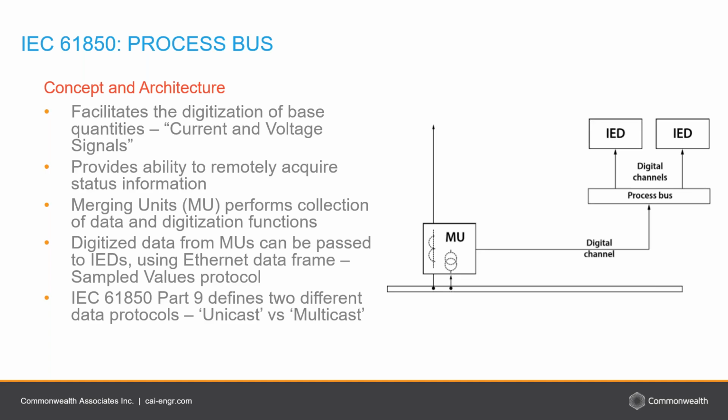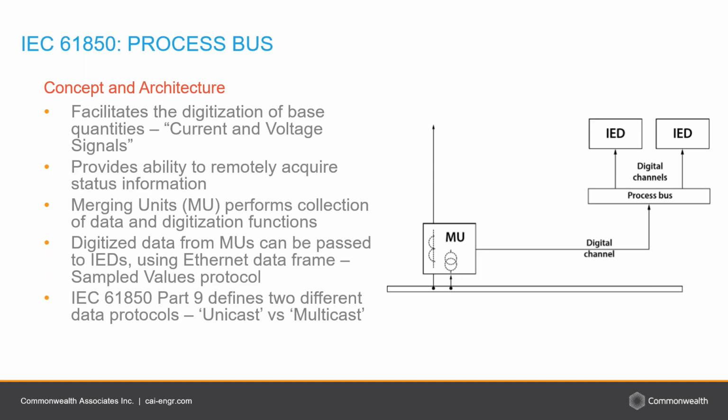So imagine that one of the IEDs in the diagram is a bus differential relay protecting the power system bus, which has multiple line exits. Each of these line exits can have a merging unit which digitizes the CT signal from that line.